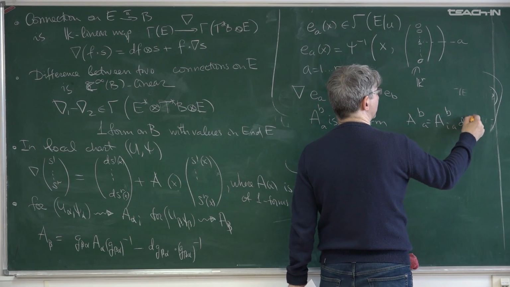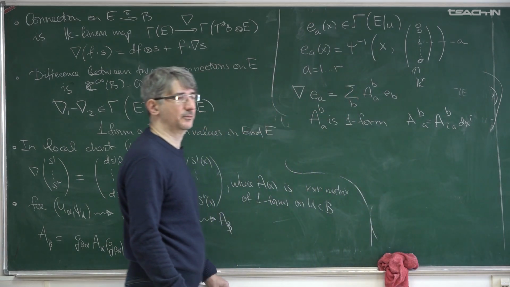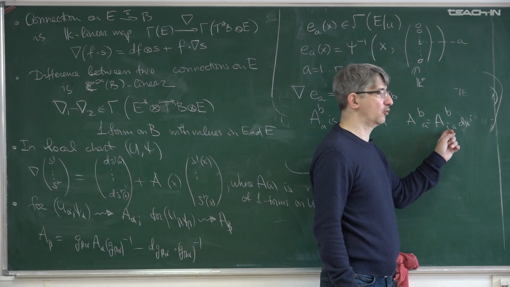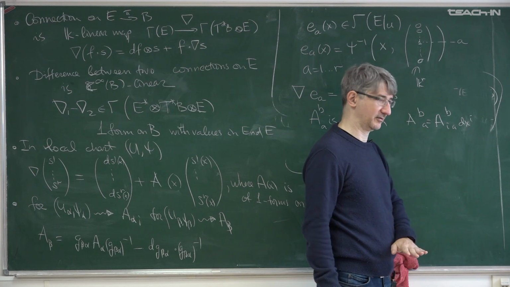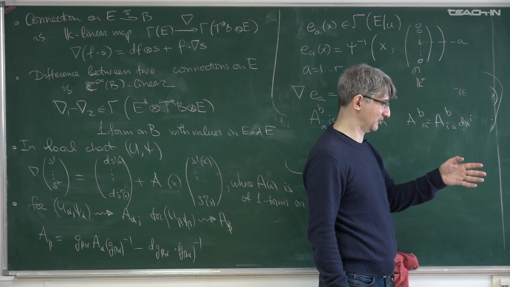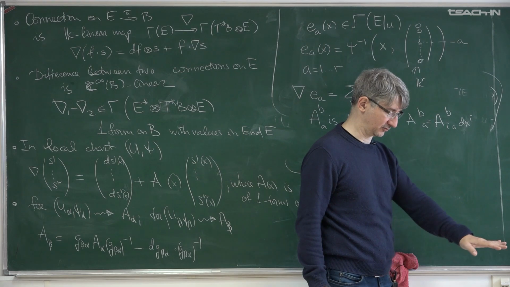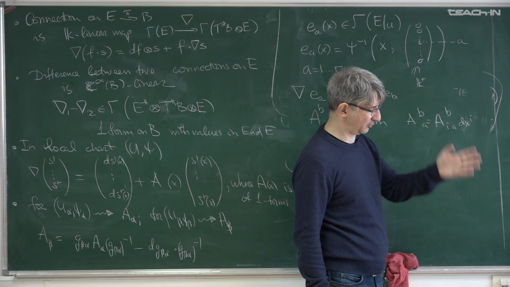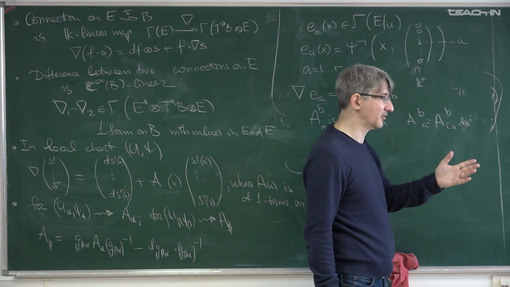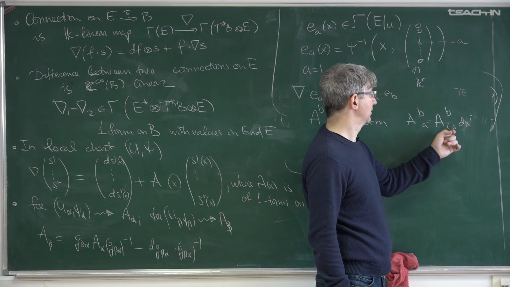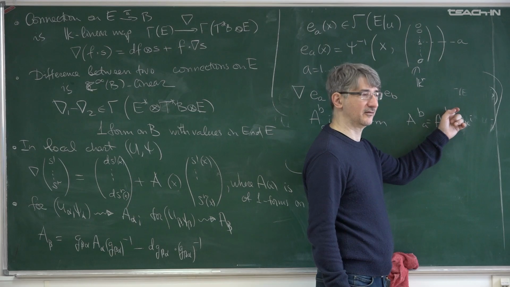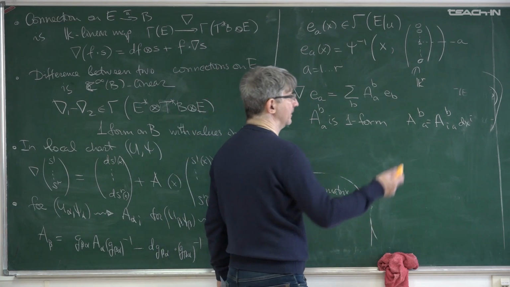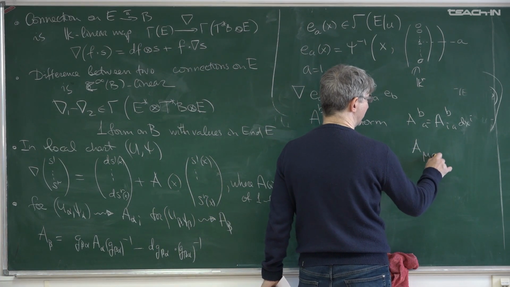B_A^I dx^i. In physics, people solved this problem in a very simple way. Namely, you have coordinates which correspond to the ground manifold, and you have indices which correspond to Minkowski space, Greek letters, and indices which correspond to the fiber, some other letters, maybe Latin, but we use here letters from the beginning of the alphabet and from the middle of the alphabet. But I would prefer to write something like that.